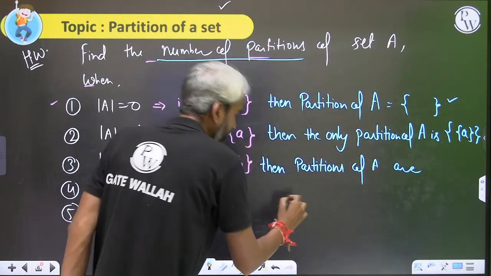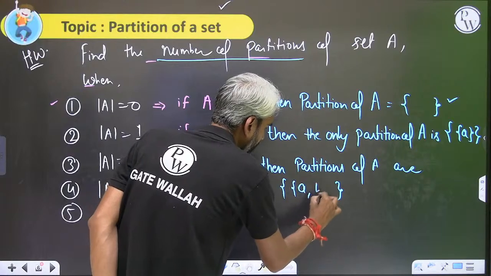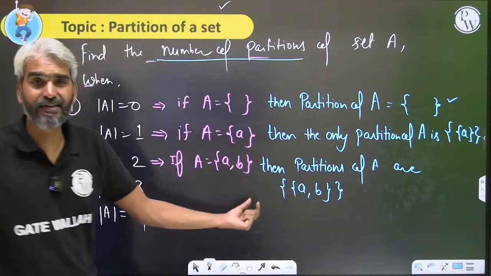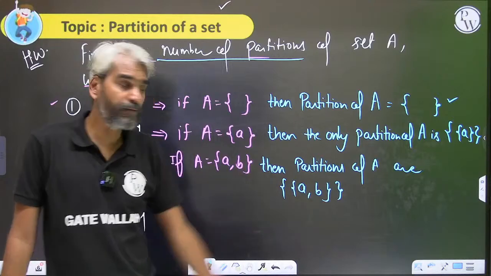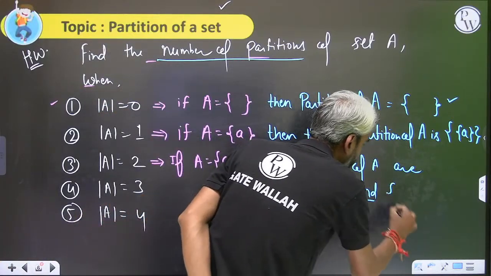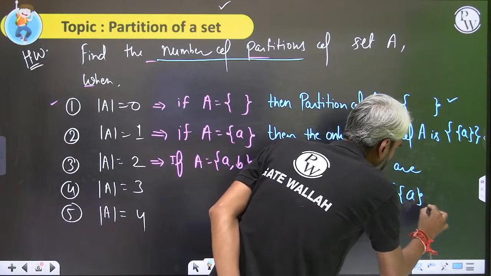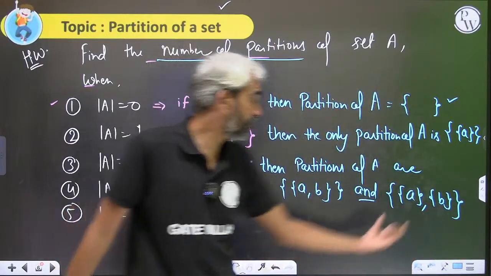So there will be two partitions. One is the set containing the complete set. Yes, sir, it is also a non-empty subset of the given set, so you can include this in the partition. This is one partition. Another will be one non-empty subset {a} and another non-empty subset {b}. Now, if you take the intersection of these two, it will be phi.